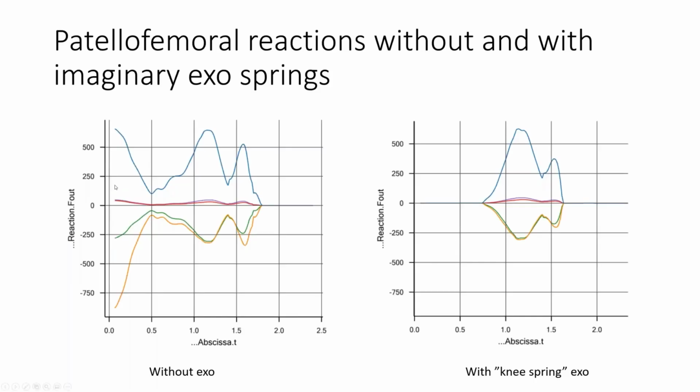Again, here on the left-hand side, you see what we have if we have no exoskeleton. And on the right-hand side, you see what we get when we have the exoskeleton. And just as I expected, the forces will be gone completely from this initial part of the motion where the forces were high before. And then there's a little bit left over here in the later part of the motion.